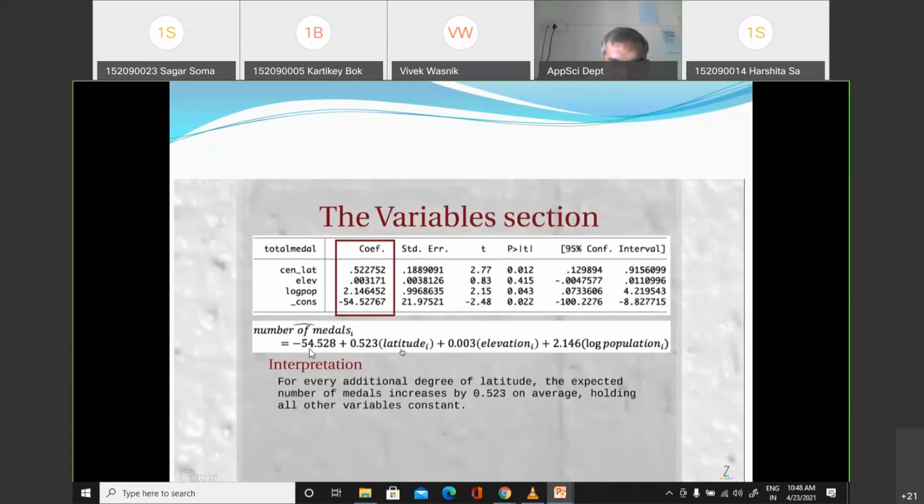The dependent variable equals the constant, which is minus 54.52, plus coefficient of the first variable into the first variable, coefficient of the second variable into the second variable, that is elevation, coefficient of the third variable, which is population, multiplied by the population. Yeah. Here the log of population is taken.